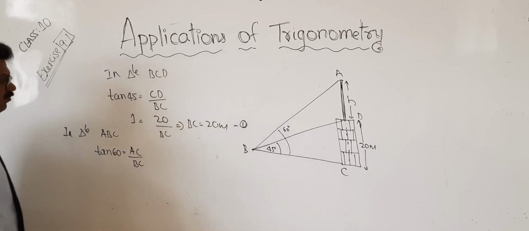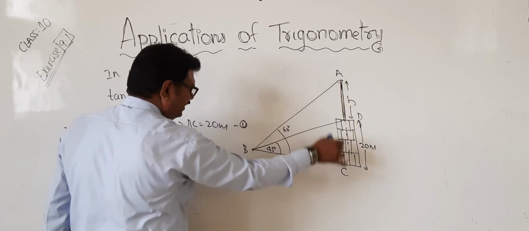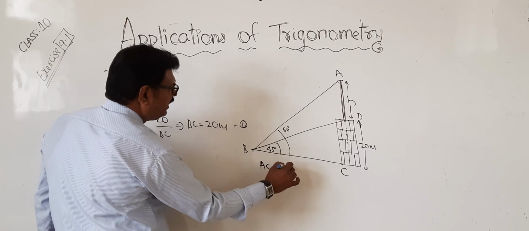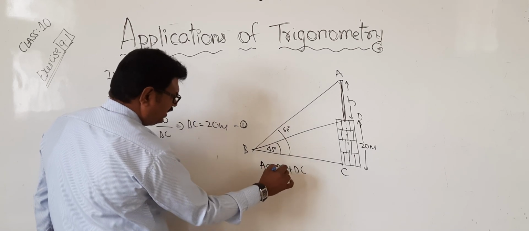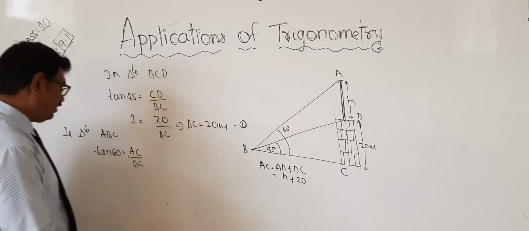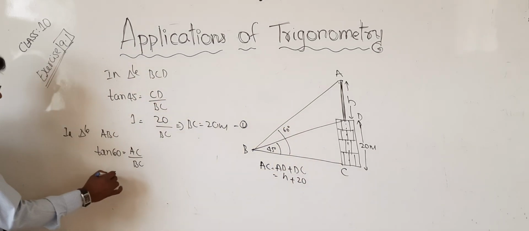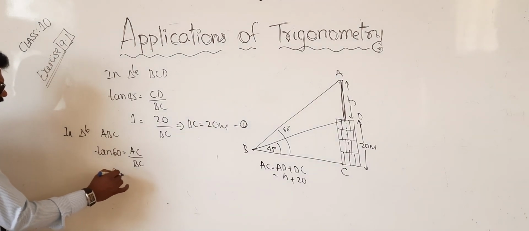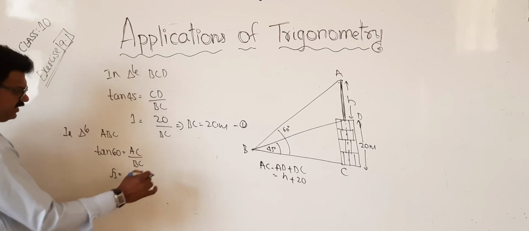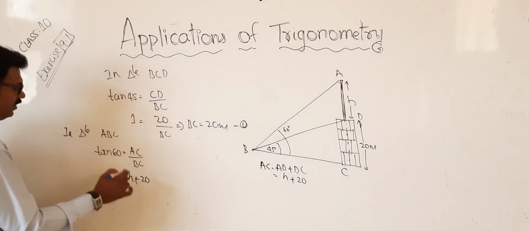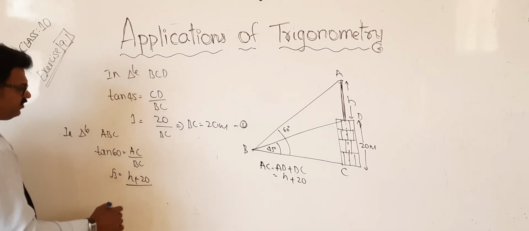Here AC is equal to AD plus DC. Let AD be H, plus this 20 meters. Tan 60 is root 3, so root 3 equals H plus 20 divided by BC.